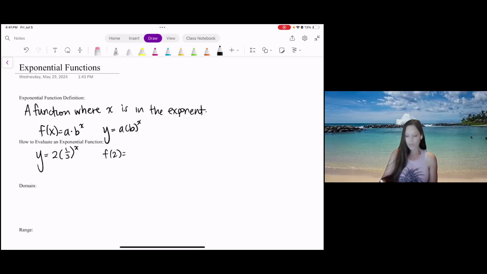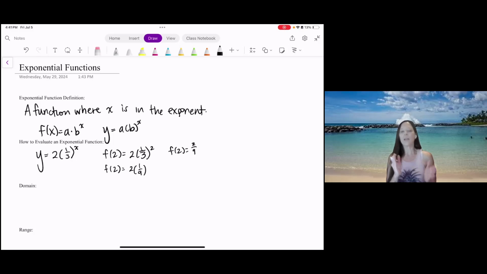That means I'm going to take 2 times 1/3 squared. 1/3 times 1/3 is 1/9. 2 times 1/9 is 2/9. Again, we evaluate the exponent first and then multiply it by the a term.